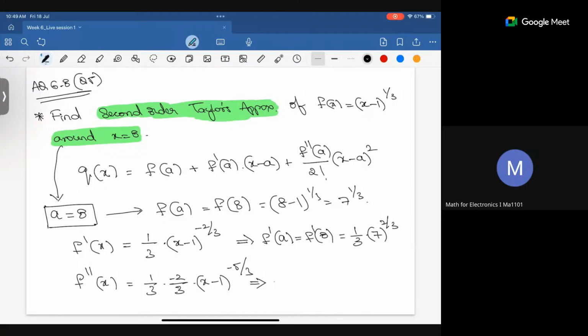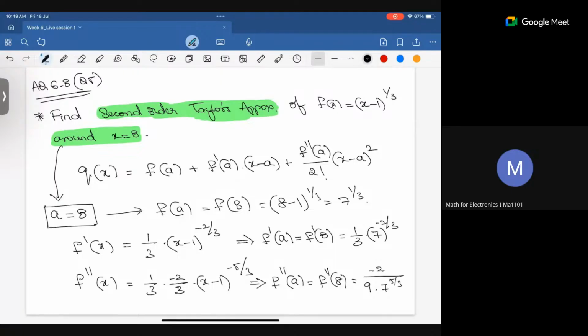Okay, you can see f double prime of a is f double prime of 8, which is minus 2 by 9 into 7 power minus 5 by 3.